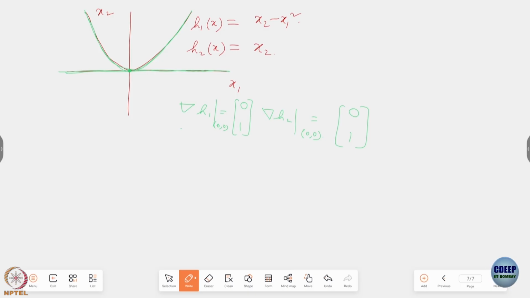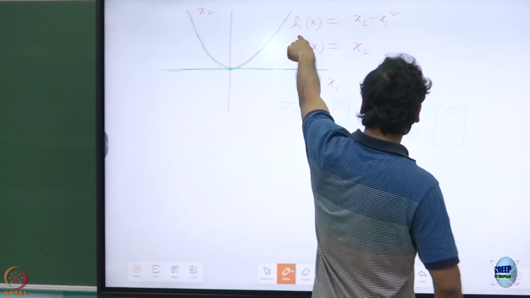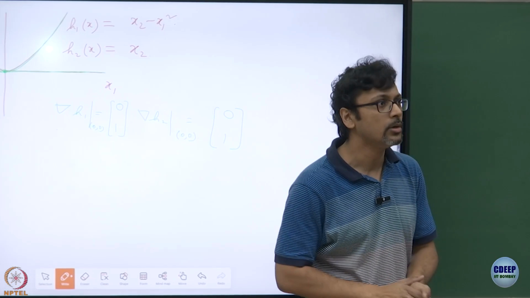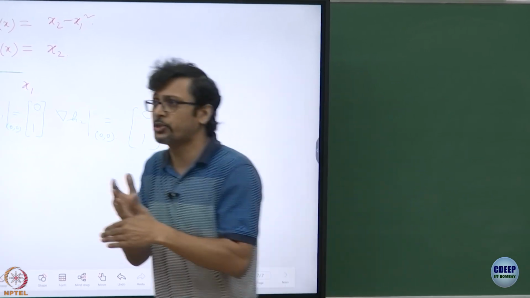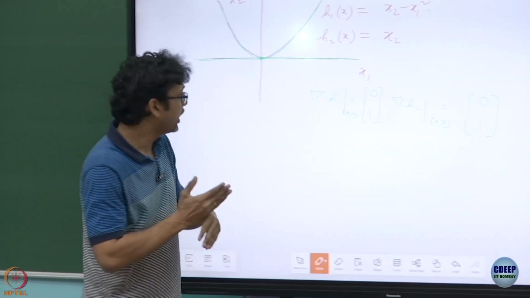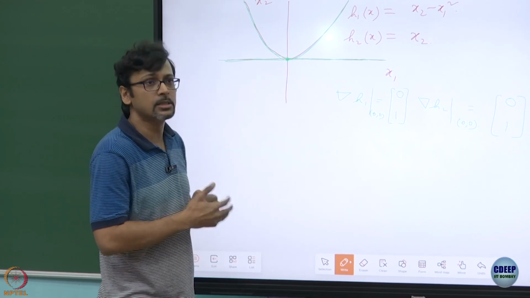What happens as a result? Why are we really so intent on this being a regular point? If you now look at a zoomed version of this, these two appear to be the same constraint. In a local sense, when you look at grad h1 and grad h2, they appear to be the same constraint.